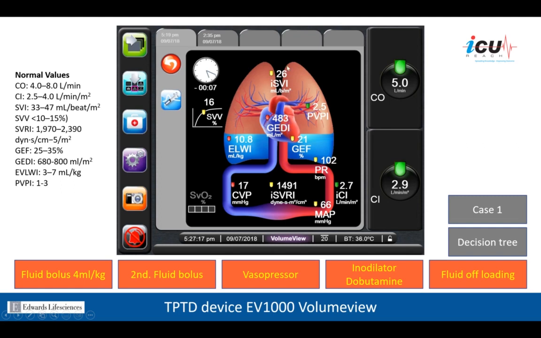Again, the stroke volume index is decreased, and take a look at the cardiac index, it is normal. His heart rate is on the higher side, that's why his cardiac index is normal. So yes, we have decreased global ejection fraction and stroke volume index, but the cardiac index and cardiac output are acceptable.